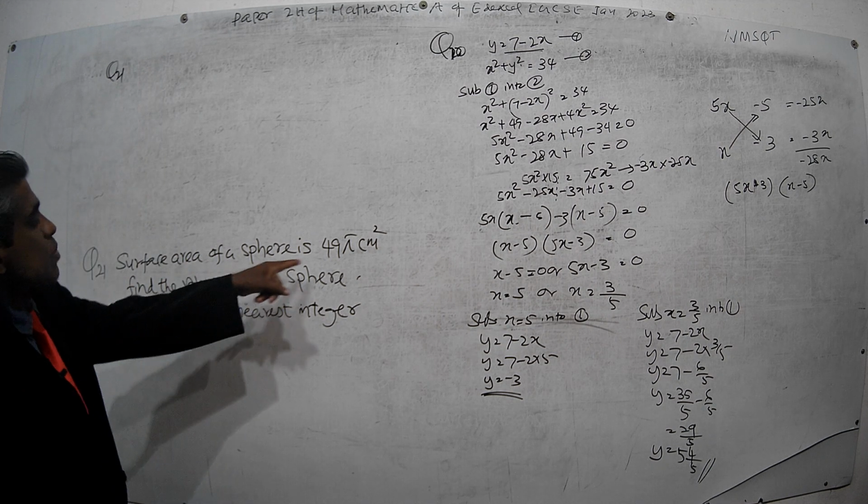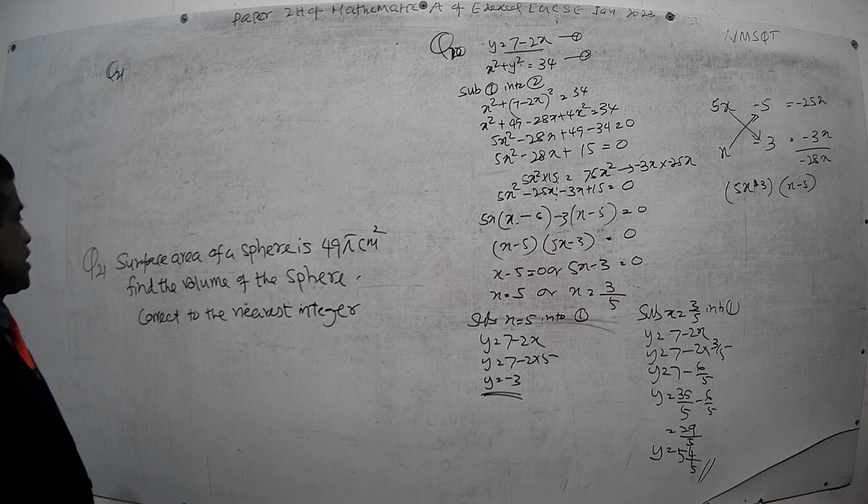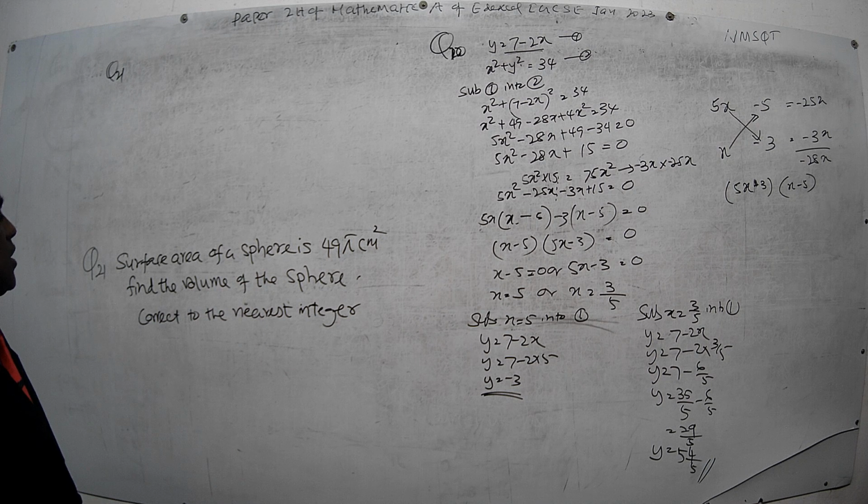The surface area of a sphere is 49 pi centimeter square. Find the volume of the sphere, correct to the nearest integer, right?